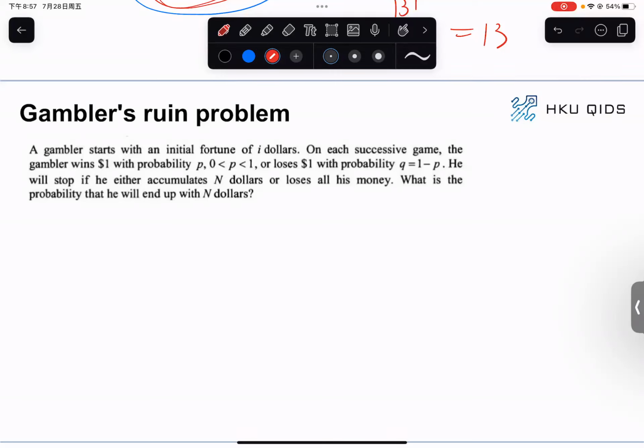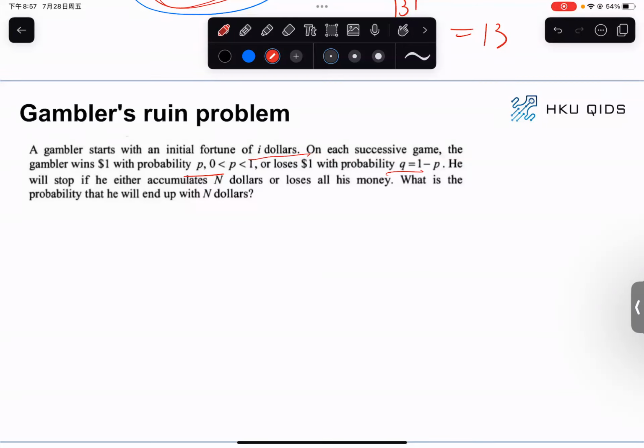He starts with an initial fortune of $i, and on each successive game, the gambler wins $1 with probability P, or loses $1 with probability Q, which is just 1 minus P. He will stop if he either accumulates N dollars or loses all his money. And what's the probability that he will end up with N dollars?